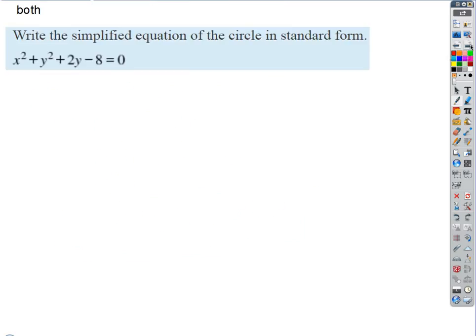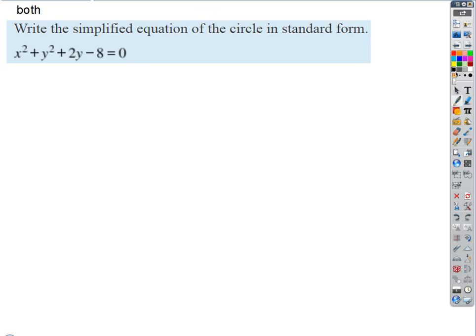Okay, this is another one that would apply to both Algebra 2 and Honors. So we've got to write the simplified equation of the circle in standard form. So we want to put this once again in the form x minus h squared plus y minus k squared equals r squared.